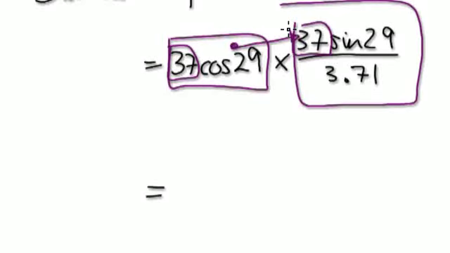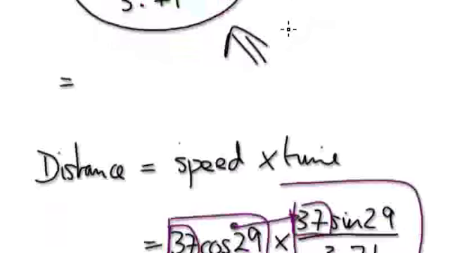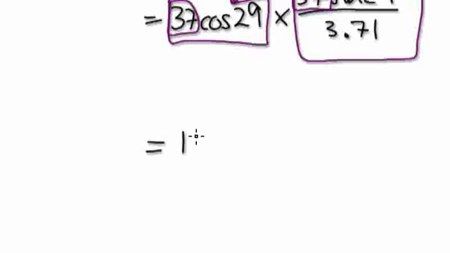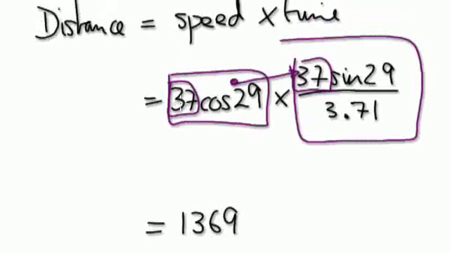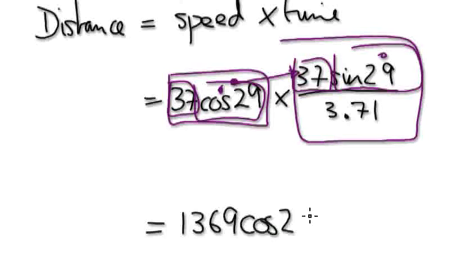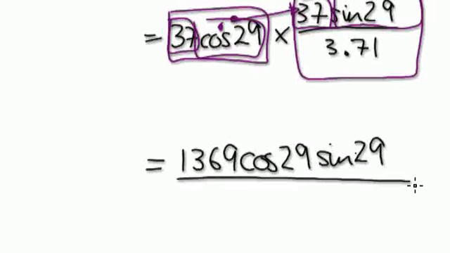So it's just a matter of 37 times 37, which is 1369, and then don't forget the cos 29 is a different entity, if you like, from the sine, so you can't merge them. You've got to leave it as cos 29 sine 29 over 3.71.